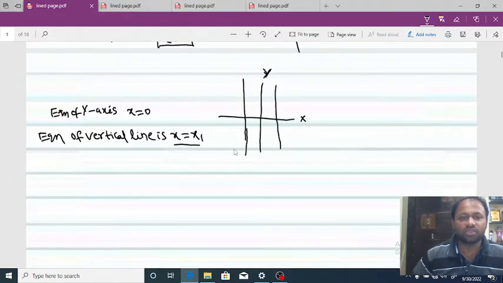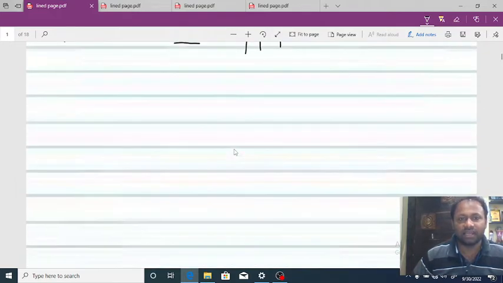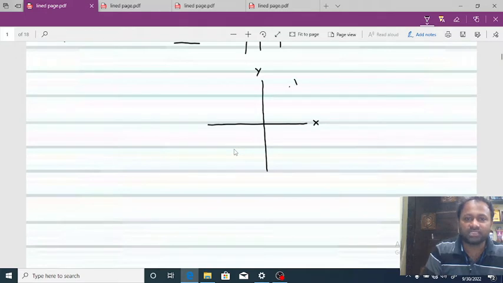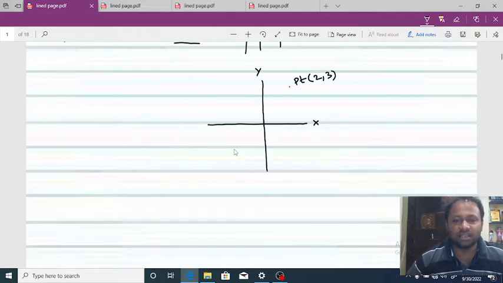First of all, let us see how the question will be framed. Suppose this is the coordinate system, x-axis as well as y-axis, and one point is given. The point is the ordered pair 2 comma 3. The question will be asked like this: what is the equation of the horizontal line which passes through the point 2 comma 3?